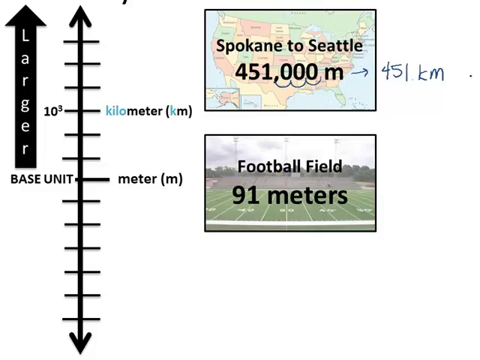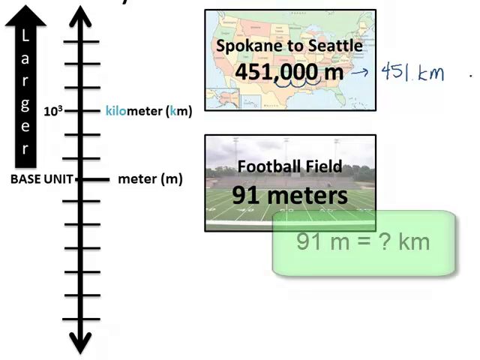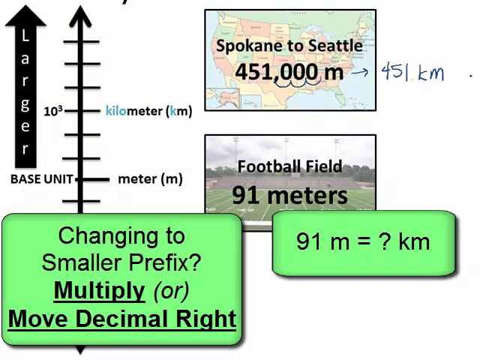If my football field is 91 meters long, how many kilometers is that? So 91 meters, when I think about that value, if I change it to kilometers, again a kilometer is much larger, so my value is actually going to get smaller. This is much like when you say there's 12 inches in 1 foot, you need many of the smaller unit, the 12 inches, to equal 1 of the larger unit.